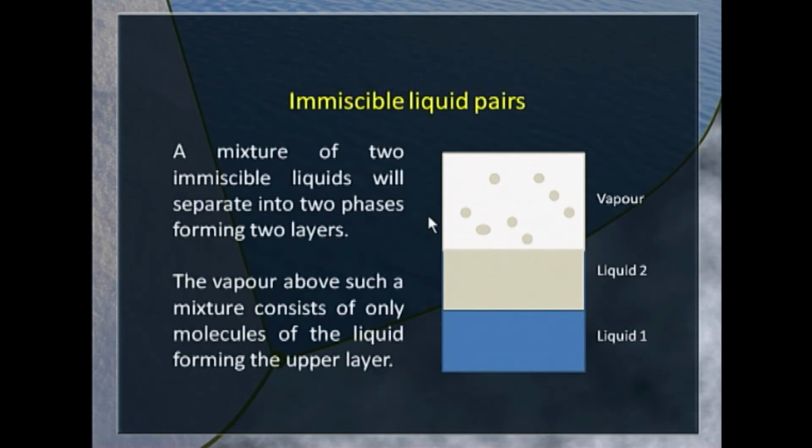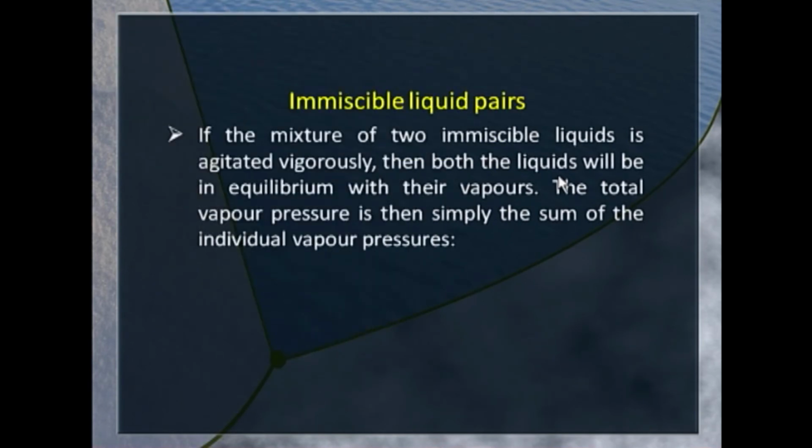This is very clear, and therefore, in such systems, if we bring about agitation very strongly, both the liquids will have a chance to enter the vapor phase, so that the vapor will be in equilibrium with both the liquids. The total vapor pressure in such cases will be the sum of the partial vapor pressures, but in the pure state.